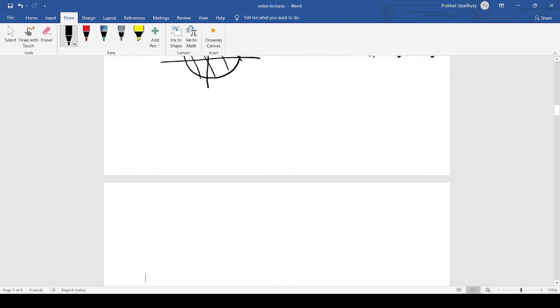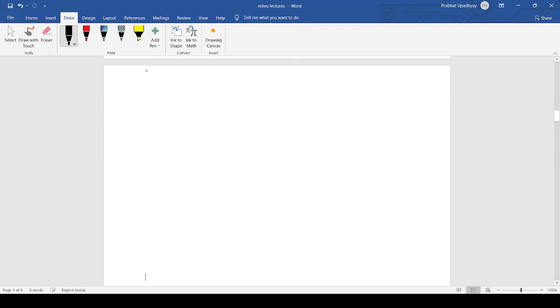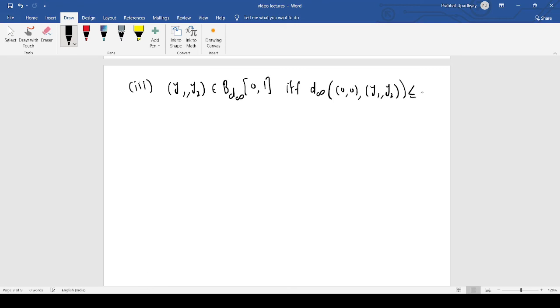Now let's try to find out with respect to the sup metric, that is D infinity. So third one. A point y1 comma y2 belongs to BD infinity (0, 1), that means the closed unit ball with respect to the metric D infinity in R2, if and only if D infinity of (0, 0) and (y1, y2) is less equal 1.